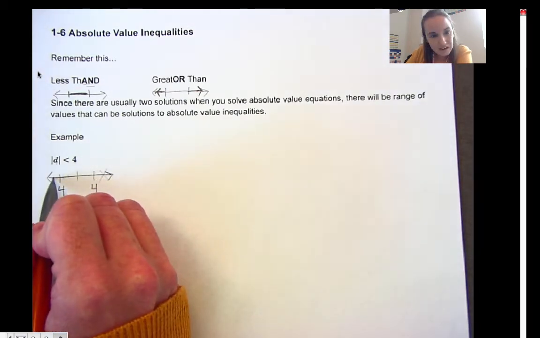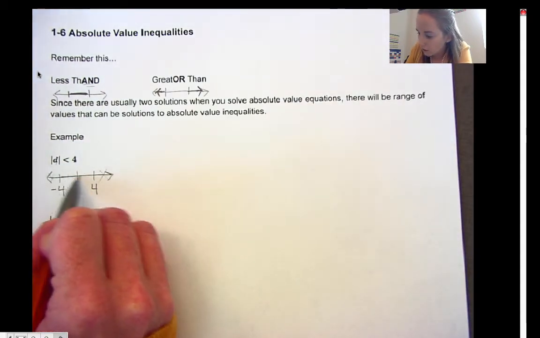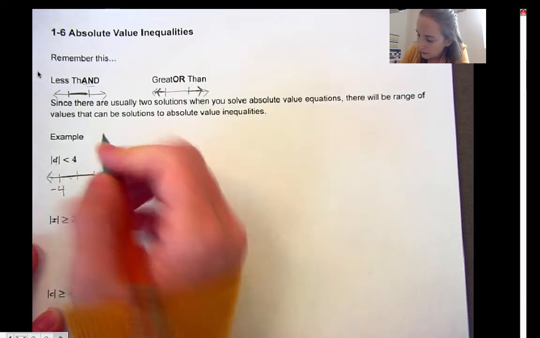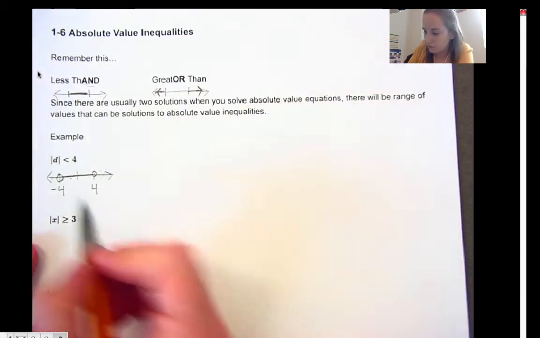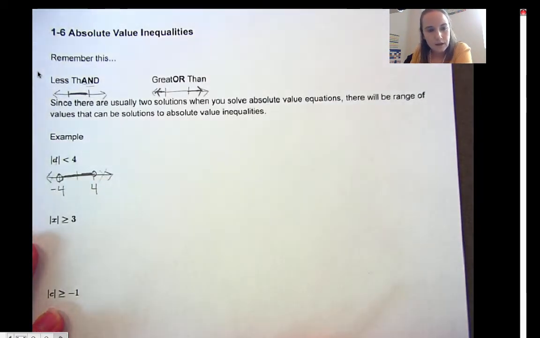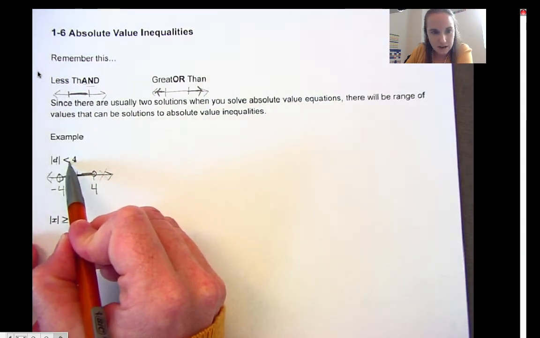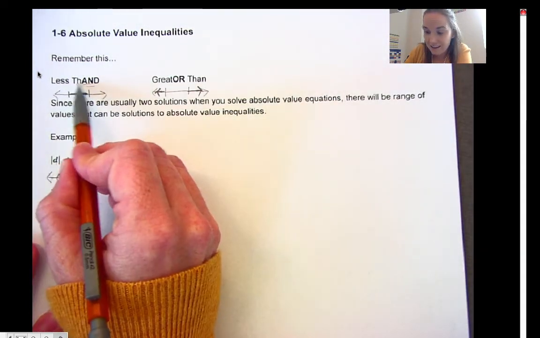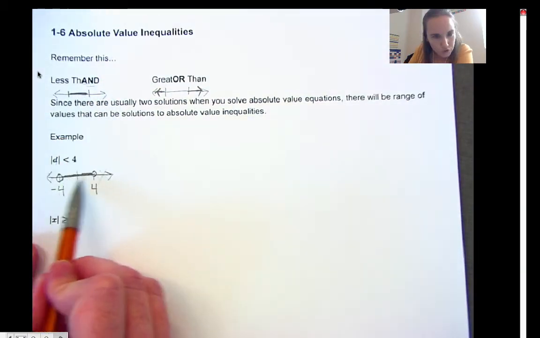Also, negative 5 would not work either. So the values I need are in between, and I also need an open dot on both of these values, but it's in between. Now, if you look back up here, this is a less than sign, so if you think "less than and," you think in between, and look, we shaded in between.